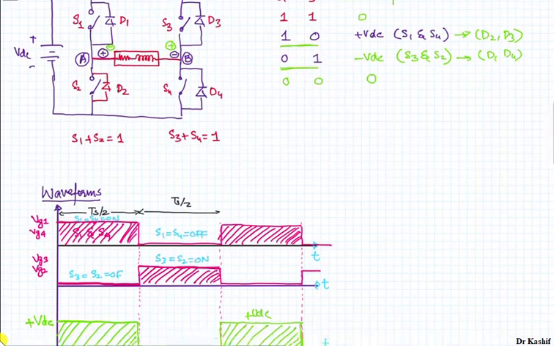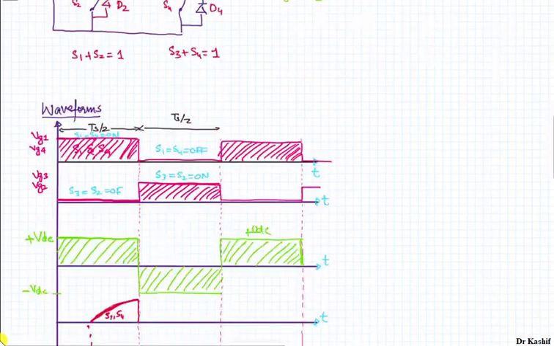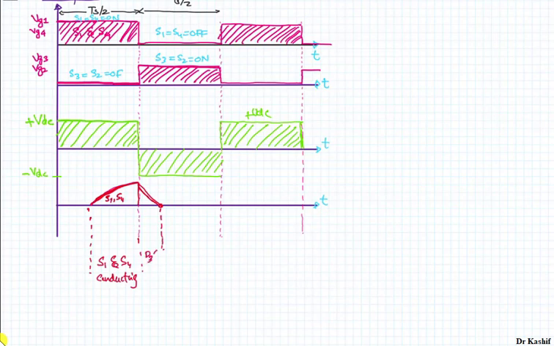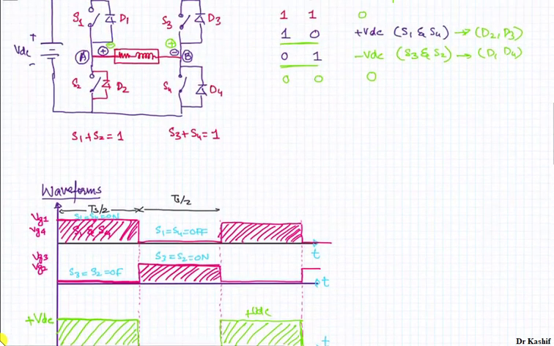So the current will be decreasing, a positive decreasing current. We can draw it like that, decreasing current, when your diodes D3 and D2 are in the conduction state.